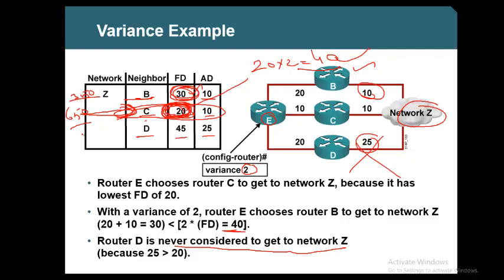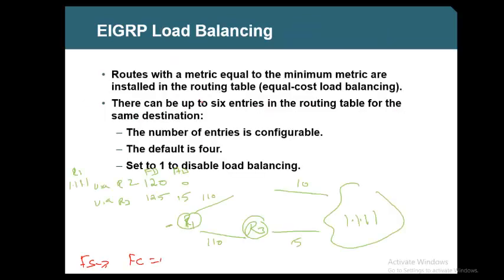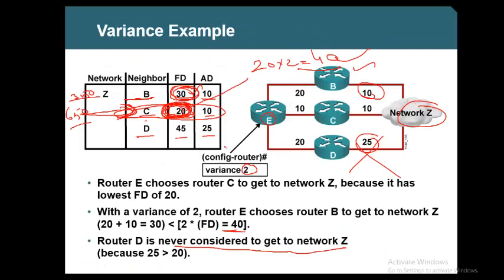Variance is the key. By default, the variance is 1. What is variance? A multiplier value. This allows the router to include those routes with a metric smaller than the multiplier value. I said 20 multiplied by 2, which is 40. Any FD which is less than 40 will be used.